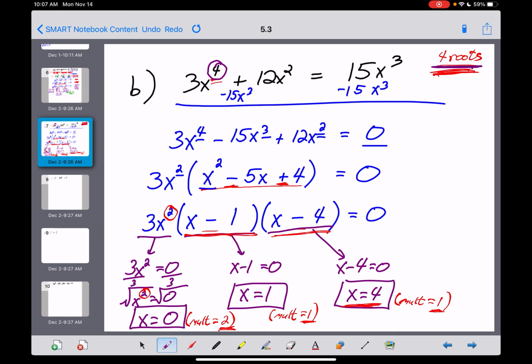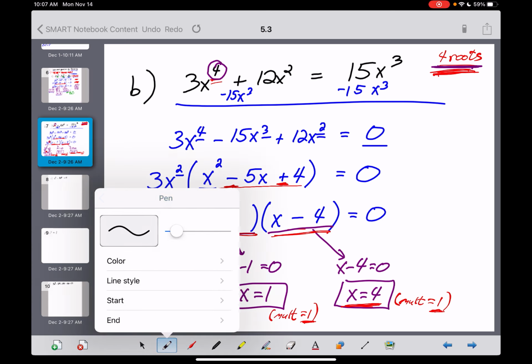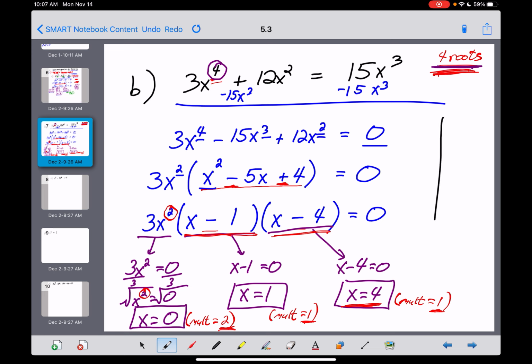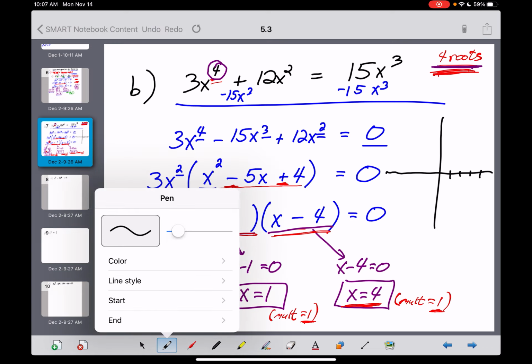Now, real quick, if I wanted to be thorough about this here, guys, if we were to graph this polynomial really, really fast, and I'm going to be pretty sloppy and inaccurate about this, guys, what do we have? We have a root of 1. That's going to be 1 x-intercept. We have another one at 4, and we have one at 0.